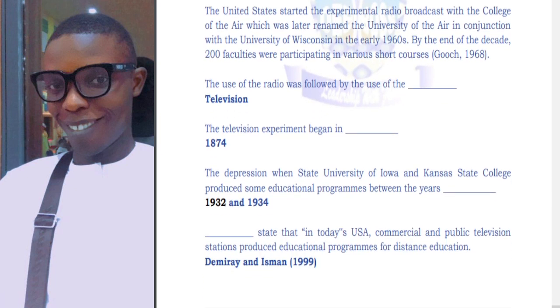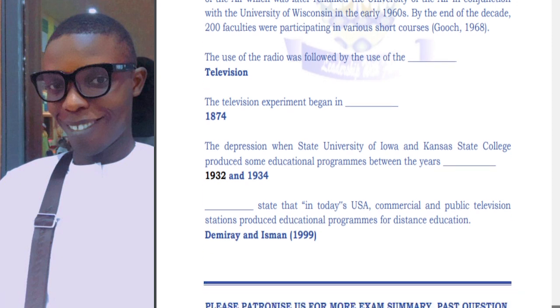So it is the sound and video signal phase. The sound part of it is the use of radio, and the video is television. So the first one is correspondence education, where they use mail. Then we have the sound and video signals, where they use radio and television. All right.